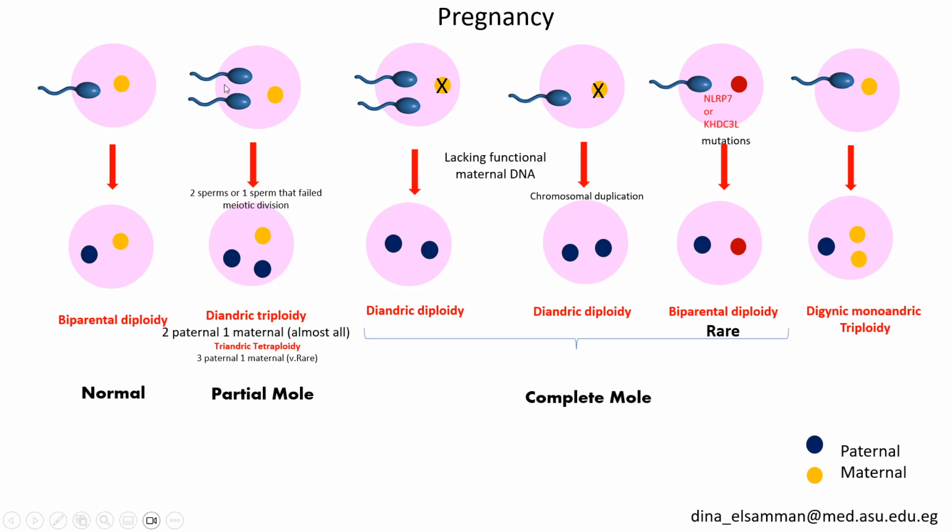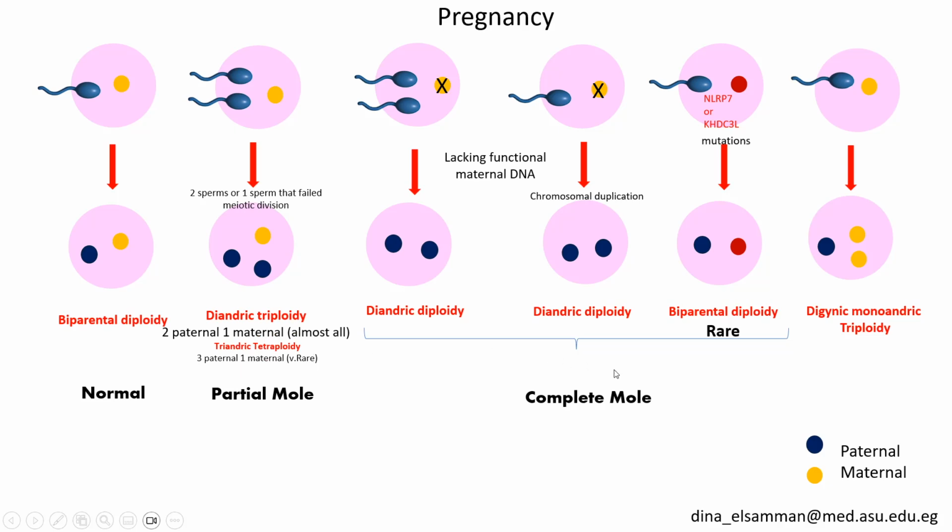The second scenario is fertilization with a single sperm whose genetic material becomes duplicated afterwards to give a diandric triploidy. Actually, you have a third scenario that is reported in some papers, which is the triandric tetraploidy, where three sperms fertilize an ovum and we have three sets of paternal chromosomes, or maybe it arises after duplication, and in the tetraploid you have four sets of chromosomes all in all.